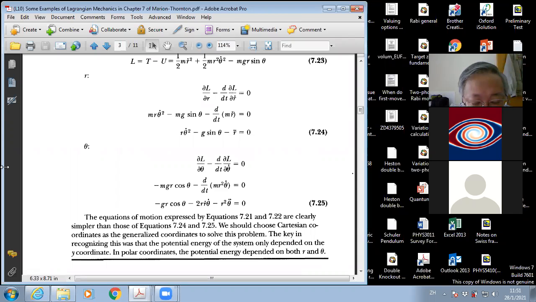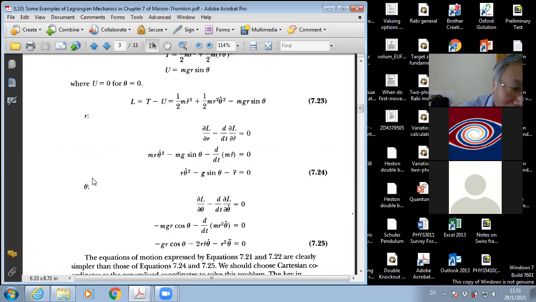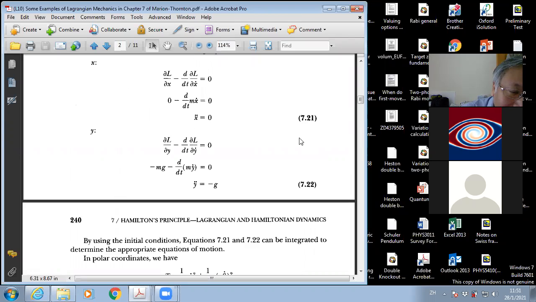Now, you can see that in this example, choosing a suitable coordinate system is very important. If we choose Cartesian coordinates, we have a cyclic coordinate, and also we obtain a conserved quantity, the conservation of linear momentum in the x direction.